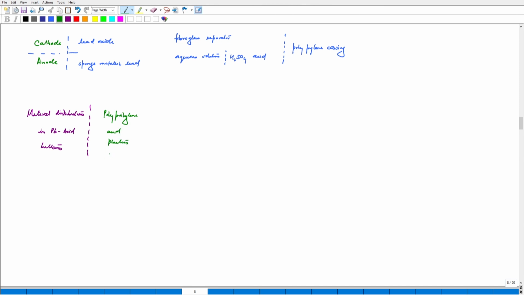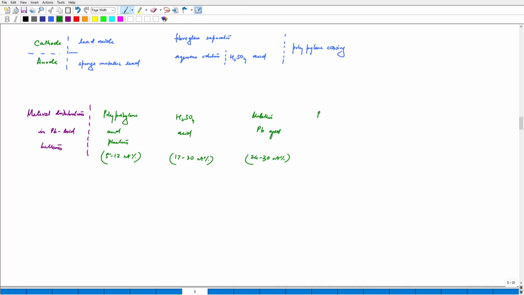This amounts to nearly 5 to 12%. We have H2SO4 acid. This amounts to nearly 17 to 38%. We have metallic lead, and this is in the grid form, so metallic lead grid. This amounts to 24 to 38%.